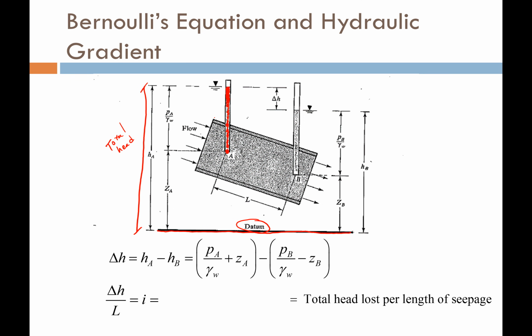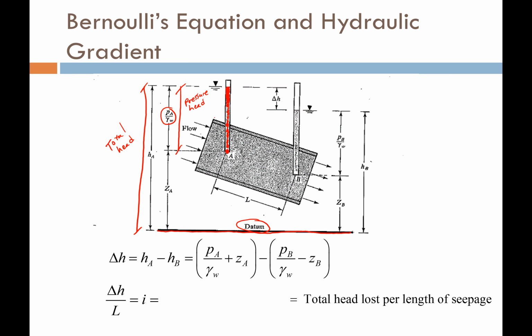Okay, now you're going to see that the total head is the summation of the pressure head, which is just the height of my water in my piezometer down to my point of interest. So this guy right here is my pressure head. Think of pressure head as just the weight of the water itself.